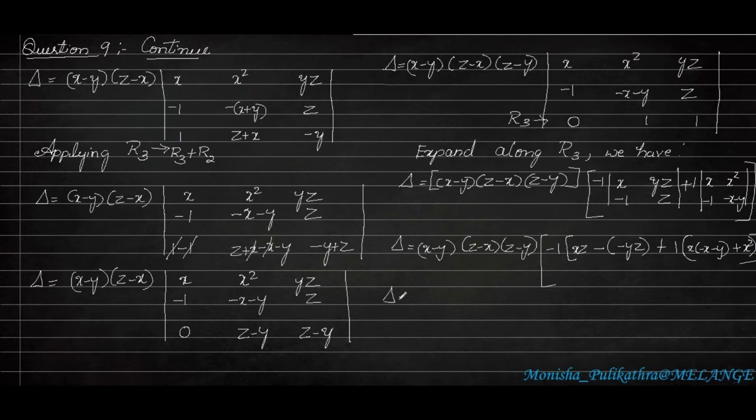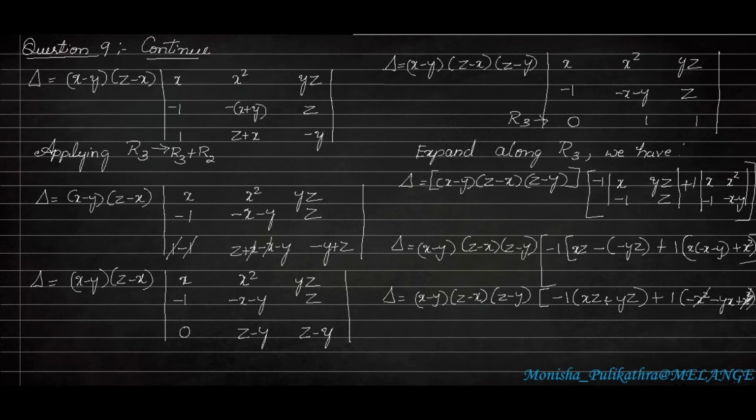So delta is equal to x minus y, z minus x and z minus y. Minus 1 xz minus into minus plus yz. So here it will become minus x square minus yx plus x square.